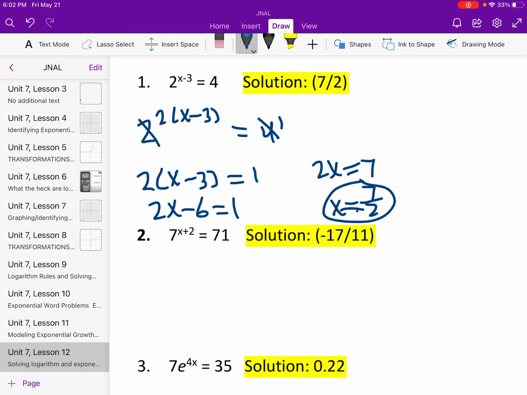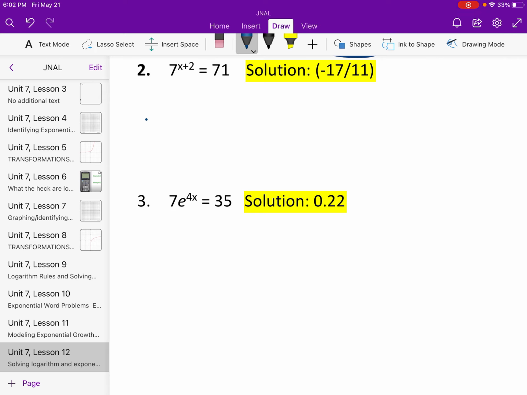Good. Alright, now for this one, we need to make the bases alike. Obviously we don't know, we're trying to find out 7 to what power equals 71. 71 and 7 aren't perfect powers, so that's kind of hard. That's why we need to use our logarithm B over A rule. So we need to do logarithm of 71 on the top, logarithm of 7 on the bottom.